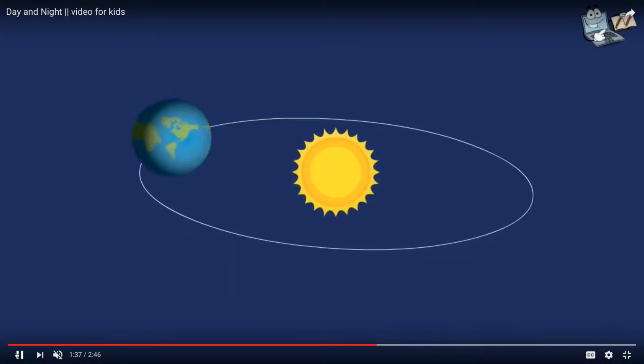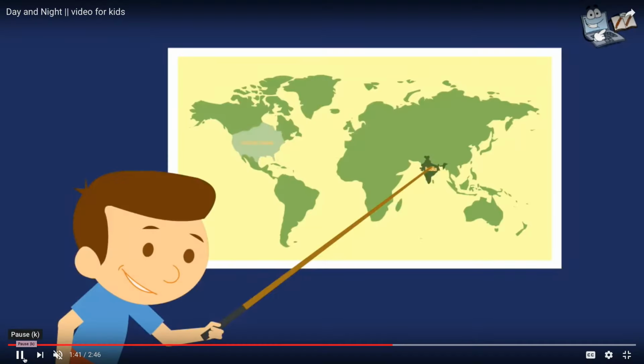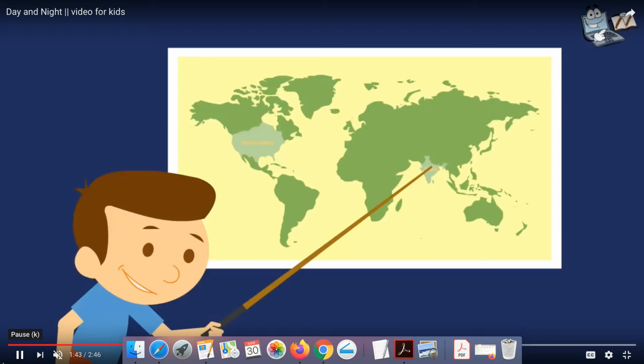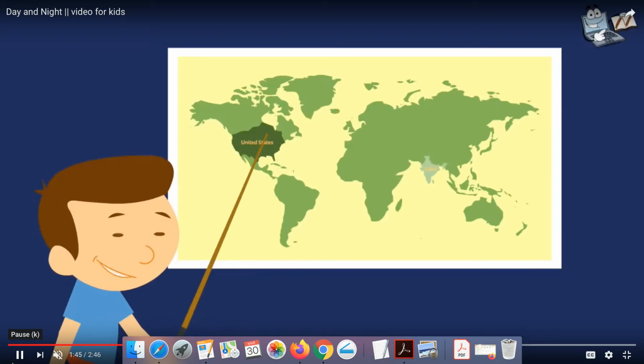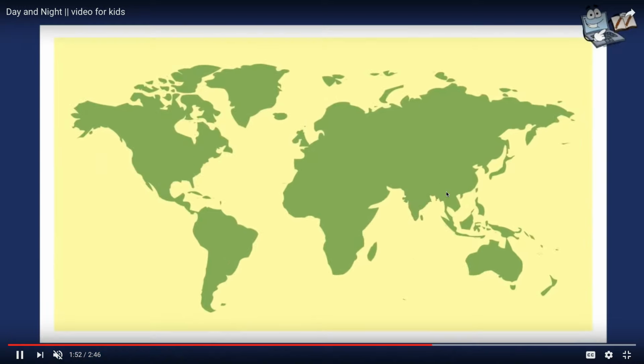So it keeps rotating on its axis around the sun. There's night, there's day. And then they're going to show you two more countries. Here's China, and here's Colombia.